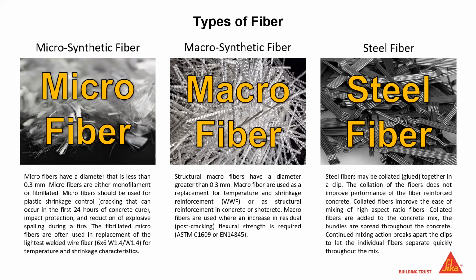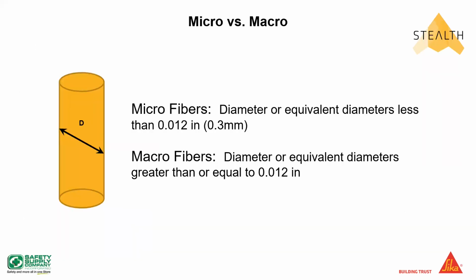We might have a macrosynthetic fiber blended with a microsynthetic fiber, or a steel fiber blended with a microfiber. We'll talk more about that shortly, but I wanted to share this terminology because when you see microfiber, macrofiber and steel fiber, these are the products I am referring to.